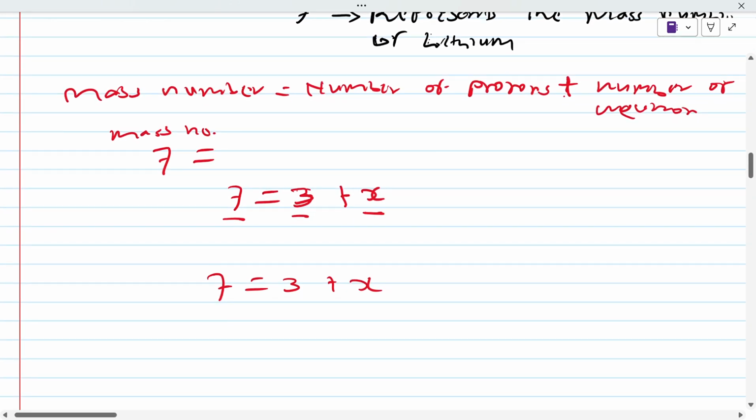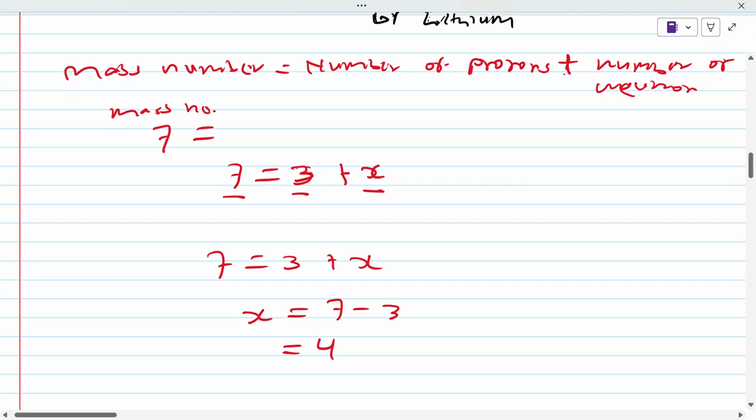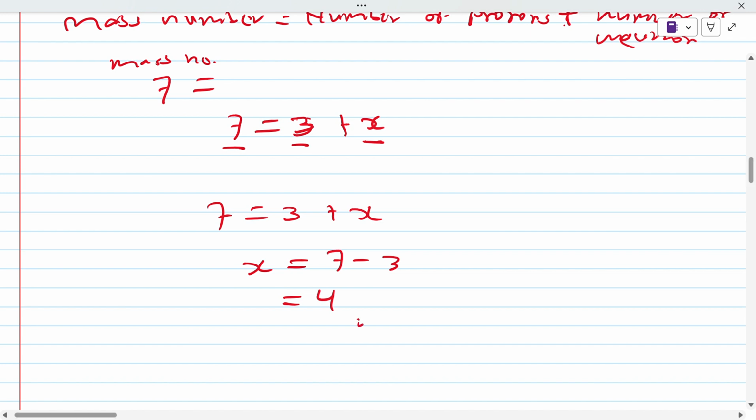Now, for that matter, x is going to be 7 minus 3. So I'm going to have 4, and 4 is now going to be the number of neutrons found in the nucleus of lithium.